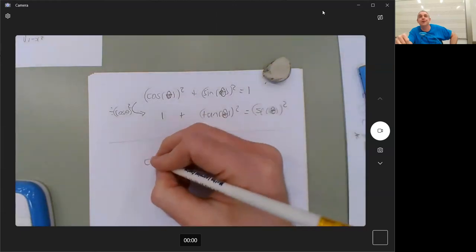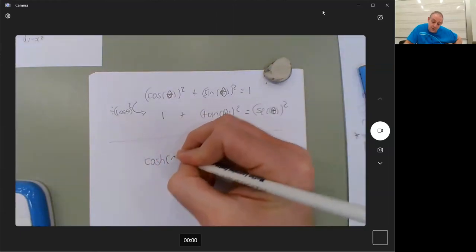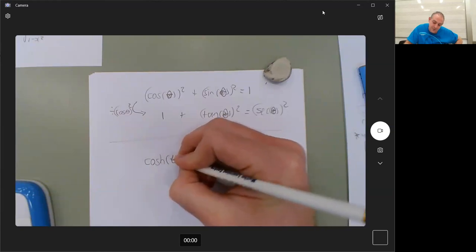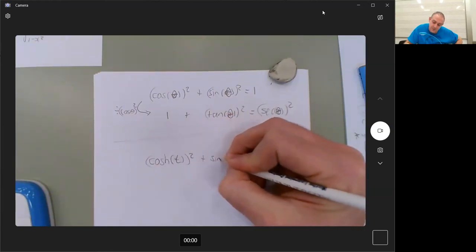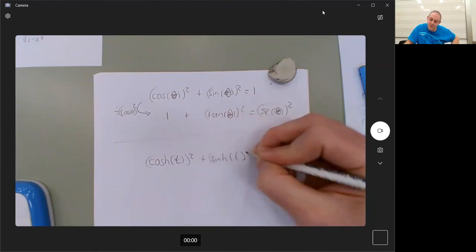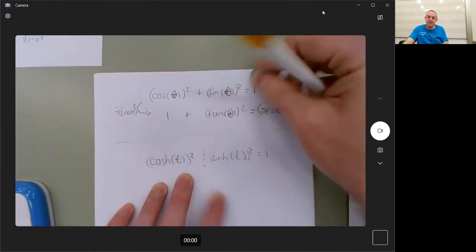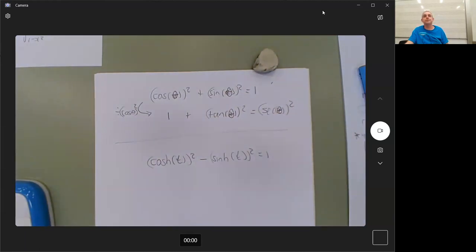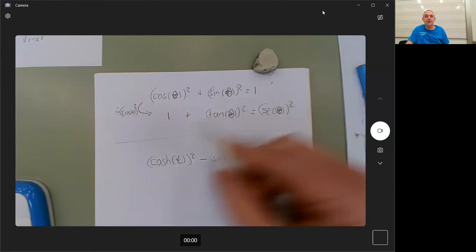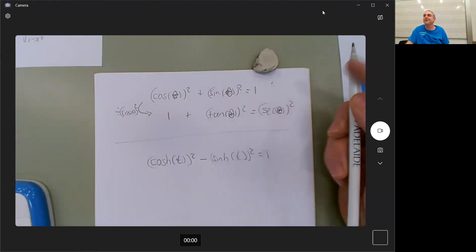Because the hyperbolic trig identity, cosh plus shine, it's not a plus, it's a minus. But it's the wrong one if you put shine first. So I always write my ordinary trig identity with cos first, so that when I do the hyperbolic one, it's in the correct order. And luckily in English, it's in alphabetical order. Cos and sine. But, yeah.